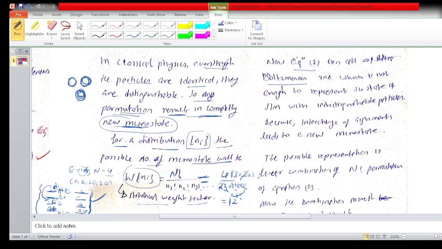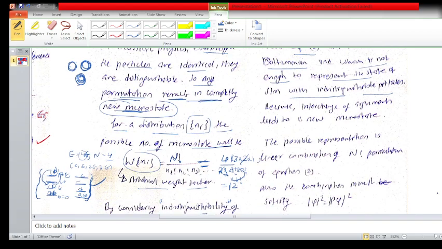That particular equation is not enough to represent a state of indistinguishable particles. If you have indistinguishable particles, then that expression is not enough to represent the system, because that equation corresponds to distinguishable particles.